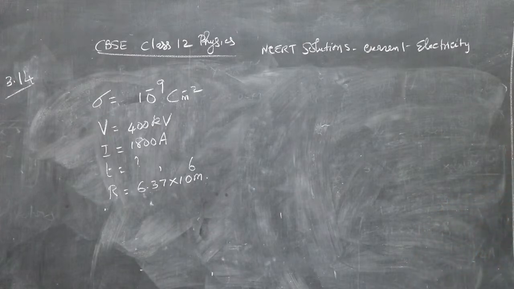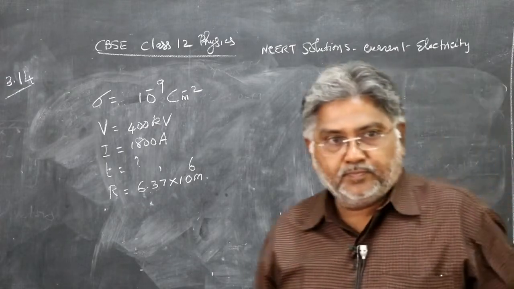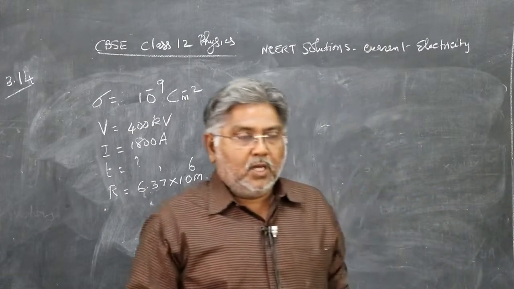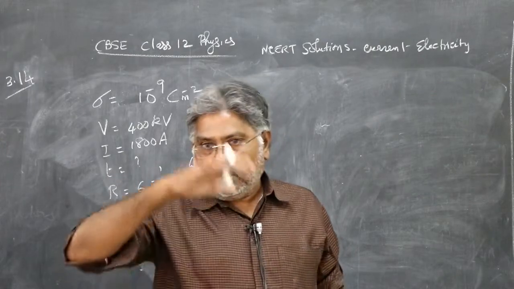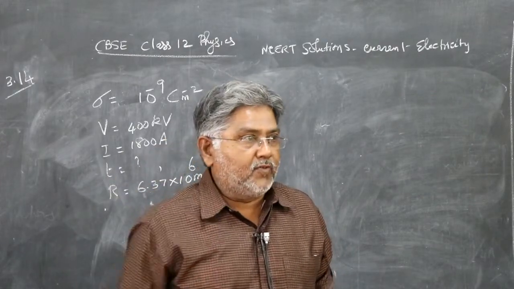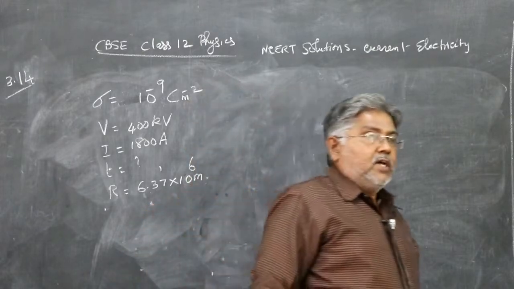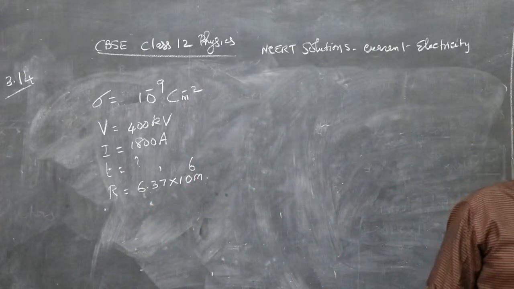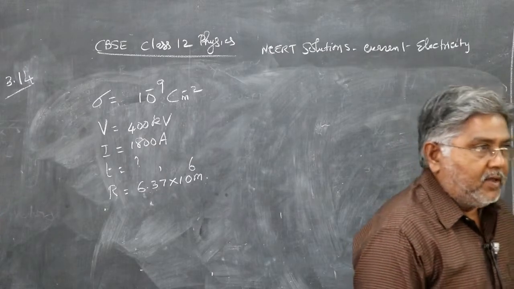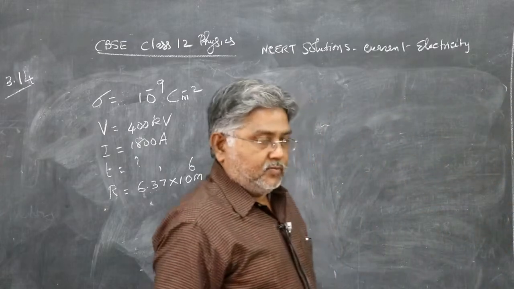That results in a current of 1800 ampere. So, according to the question, Earth has got a negative charge. Positive charges come from some height because there is a potential difference of 400 kilovolt which results in a current of 1800 ampere. How long will it take to neutralize the entire charge on the Earth?